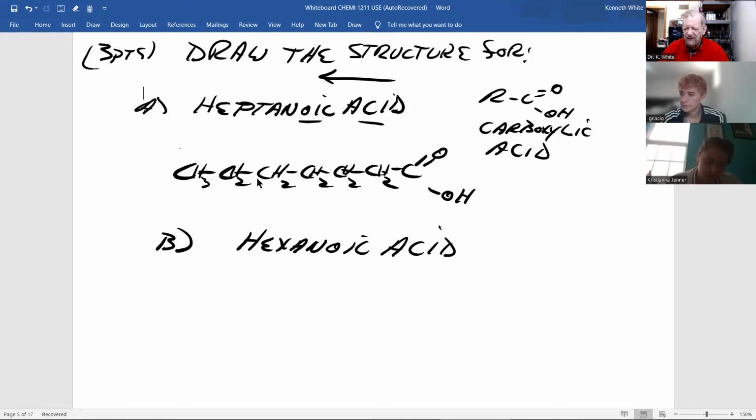And we'll wait for everybody to get done. Everybody's done. Okay. How do you decode this, know what to draw? You start from the right, move left. OIC acid tells you it's a carboxylic acid.